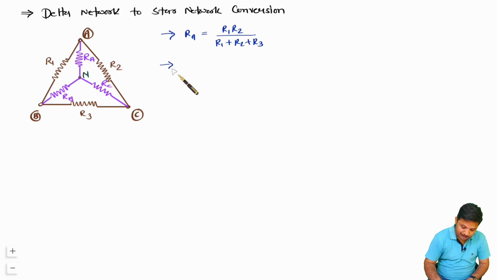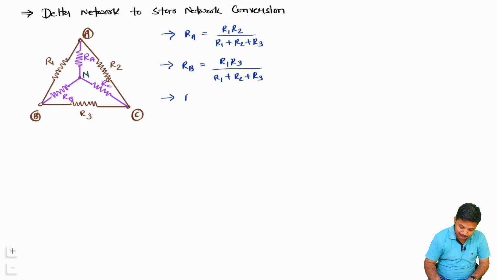Similarly, when you want to calculate RB, so RB is this. So first you will have to multiply side elements. So R1 and R3, these are side elements of this delta, divide by addition of all elements. So R1 plus R2 plus R3, that we need to do.